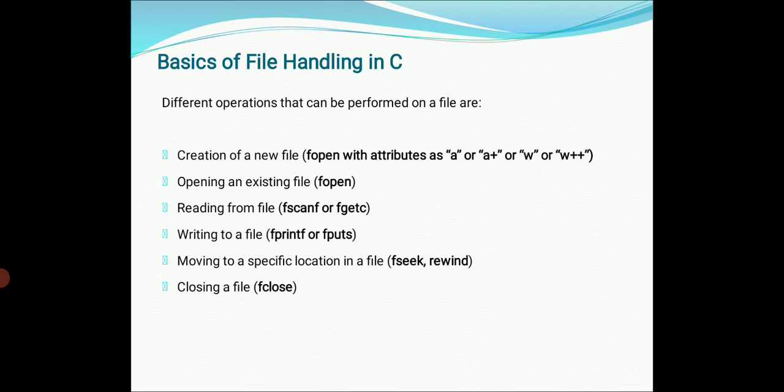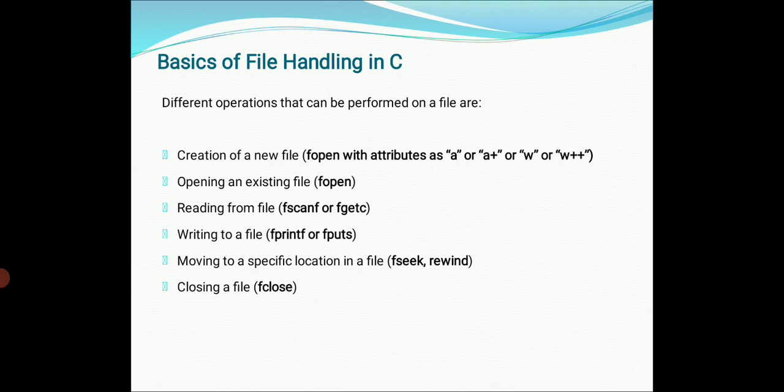The next concept is the basics of file handling in C programming. In C programming, there are different operations that can be performed on a file. The first is creation of a new file, which is done by using the function fopen with the mode attributes r plus, w, or w plus. The second operation is opening an existing file by using the function fopen.